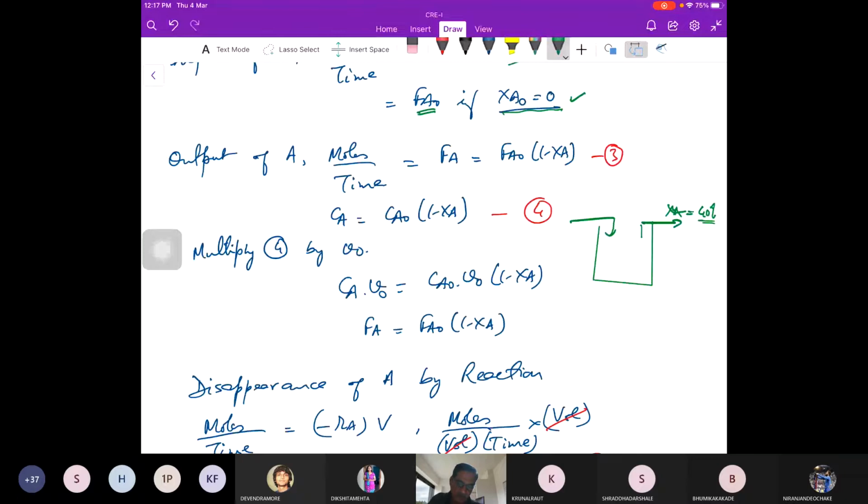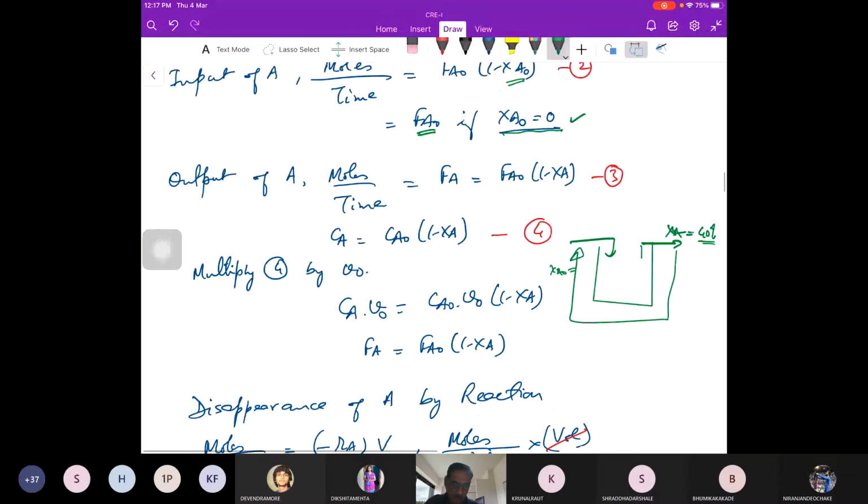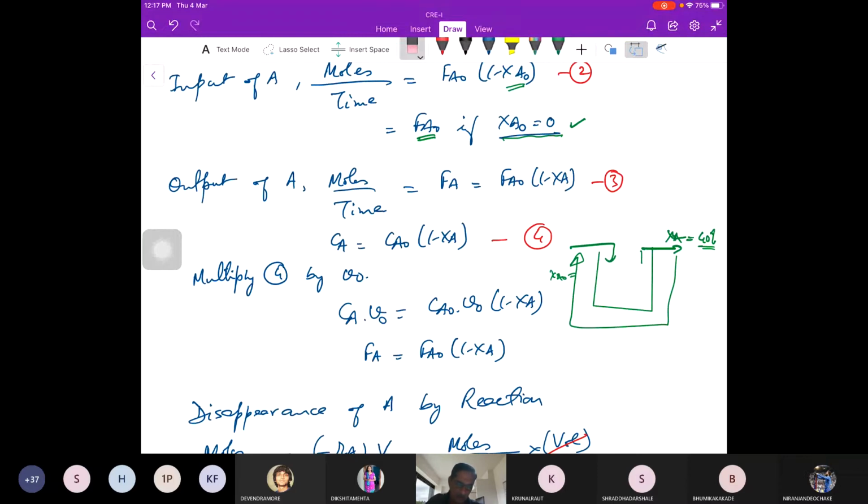Then the unreacted material is recycled from here. When it is recycled, the conversion here will be Xa naught. That is the general case, but you have taken a specific case where you assumed Xa naught equal to 0. That means there is no recycle. We are assuming this case. Okay sir. Okay?